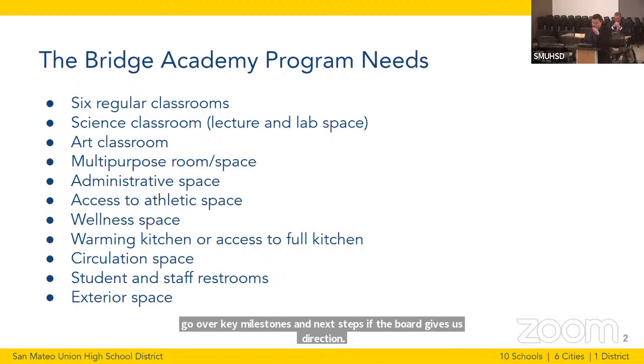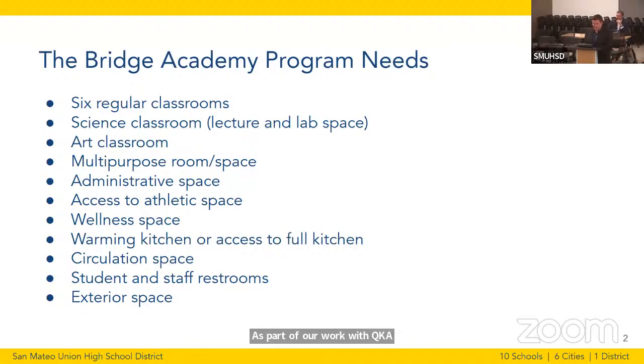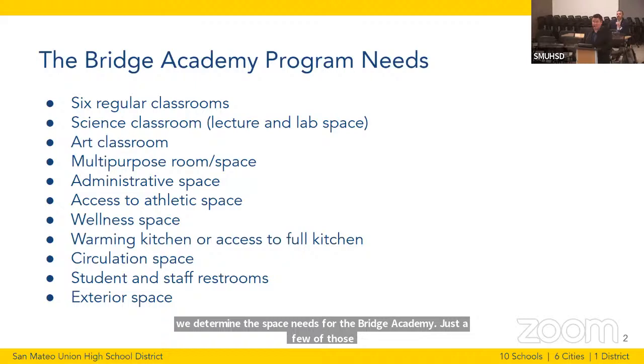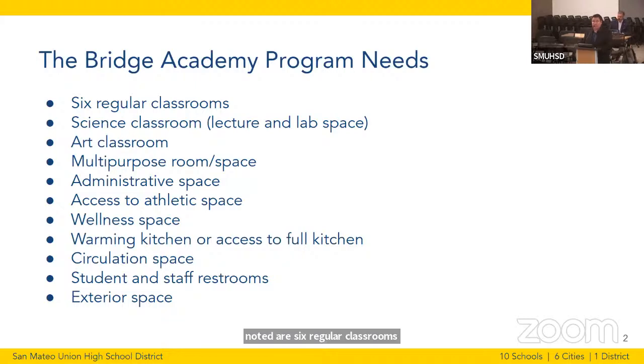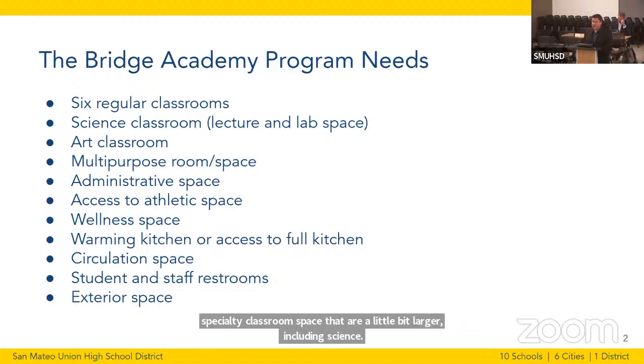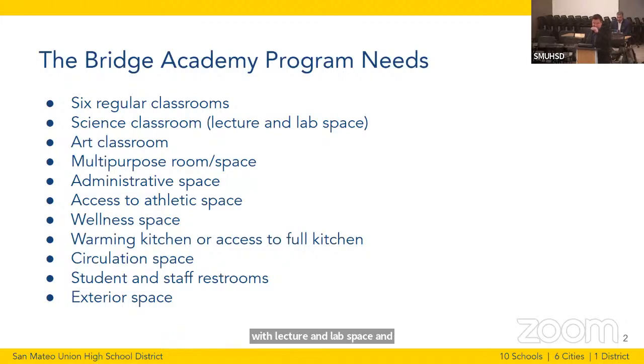As part of our work with QKA and Dr. Showman, we determined the space needs for the Bridge Academy. Just a few of those noted are 6 regular classrooms, 2 specialty classroom spaces that are a little bit larger, including science with lecture and lab space, and art with the additional needs of an art space.